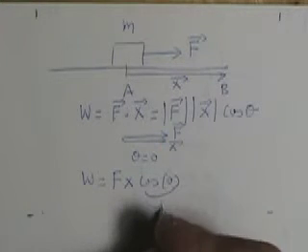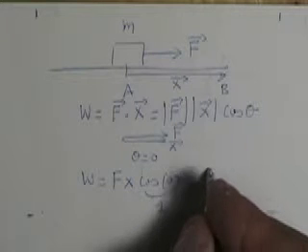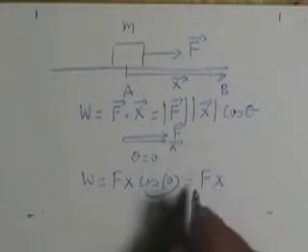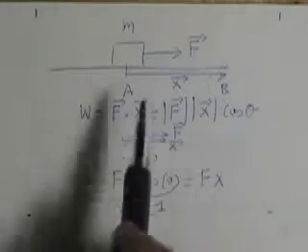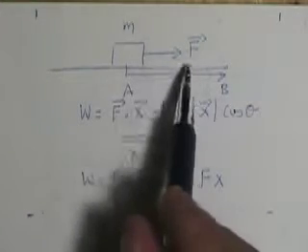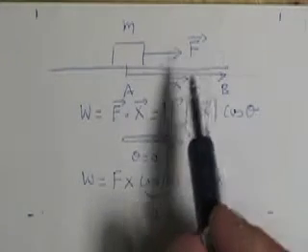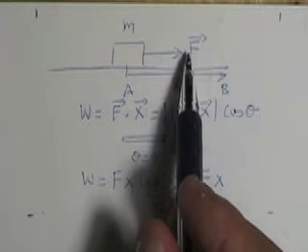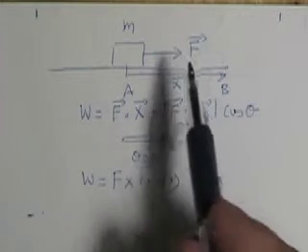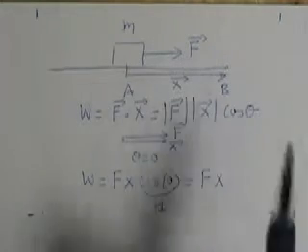But cosine 0 is equal to 1. So in this case, the work is equal to the force times the distance. Now, you can see that the block is moving to the right, and the force is also pointing to the right. So the work done by the force F is positive. The force and x are pointing in the same direction.